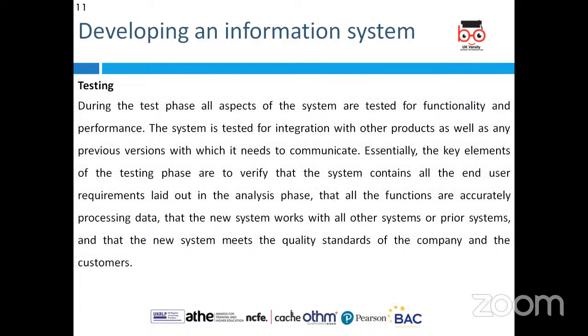Once this is done, we can hand over the code to another department, where we will have our software testers, who will test each single aspect of the system to see how the functionality and the performance are for the information system.